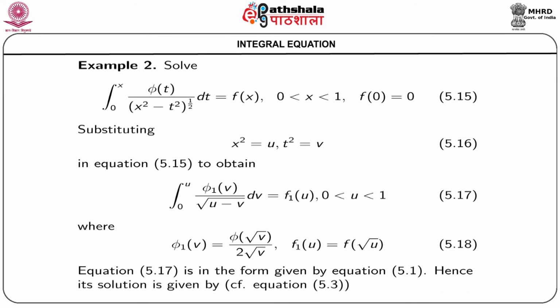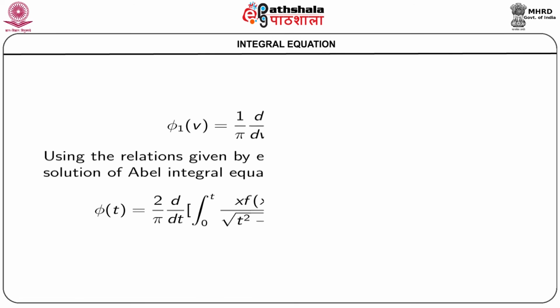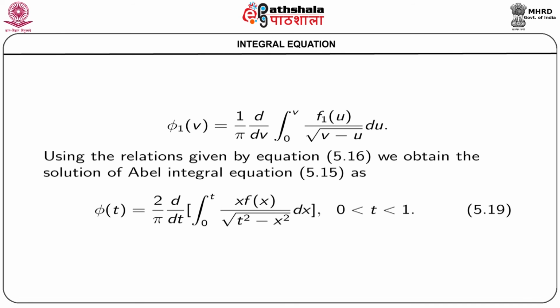Now 5.17 is the integral equation which is in very standard form. We can solve this integral equation by elementary integration as shown before to obtain the solution given by phi 1 equal to 1 by pi d/dv of the integral from 0 to v of f1(u) divided by root over (v minus u) du.